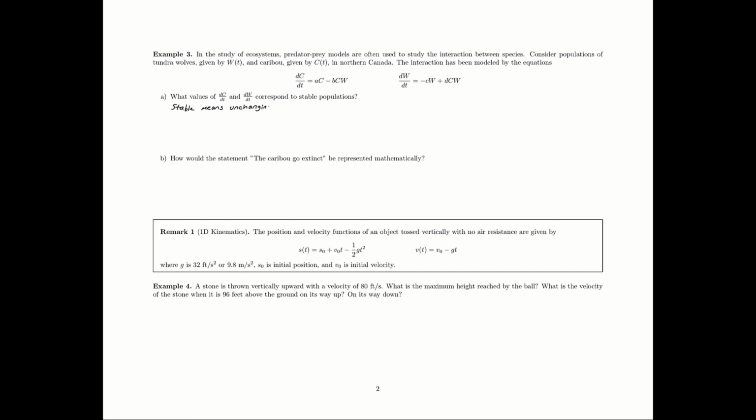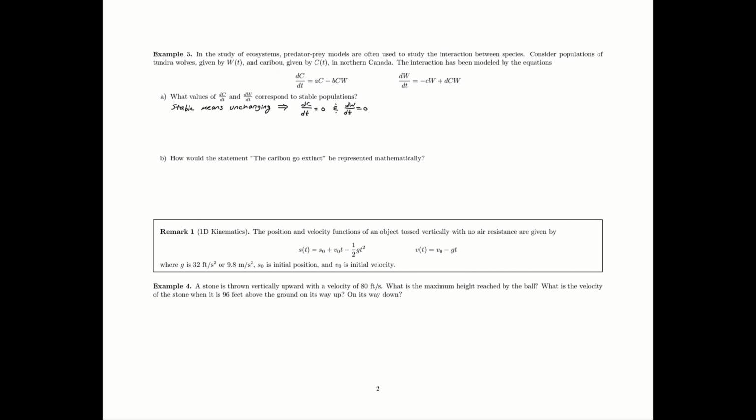And since derivatives are rates of change, if we want to know what values of these derivatives mean stable, in other words, mean unchanging, well, a positive value of a derivative means increasing and a negative value for a derivative means decreasing. If we want no change, we want the derivatives to be 0. So if stable means unchanging, this would imply that we want dC/dt to equal 0 and dW/dt to equal 0.